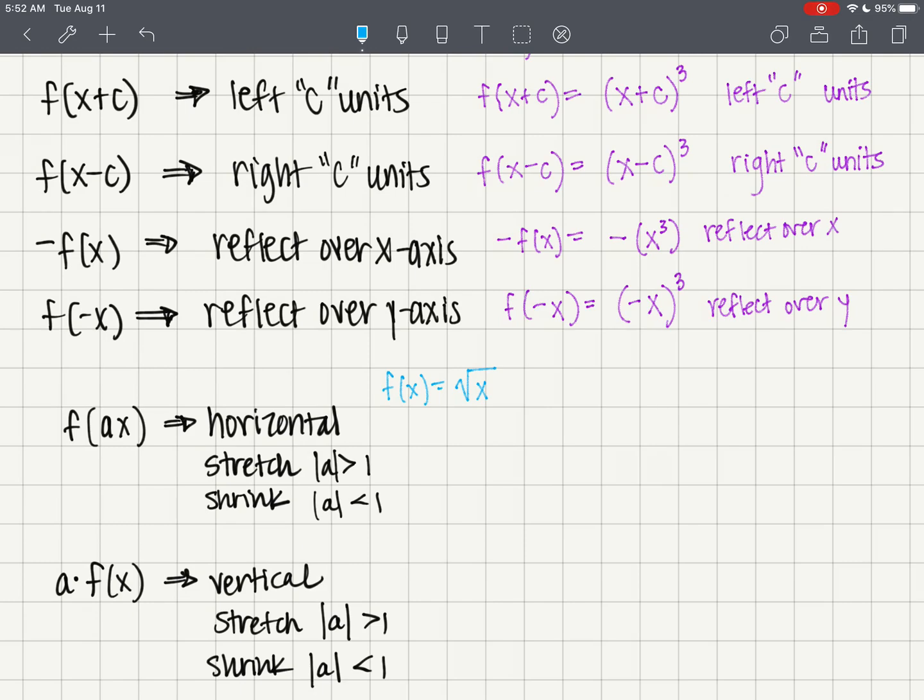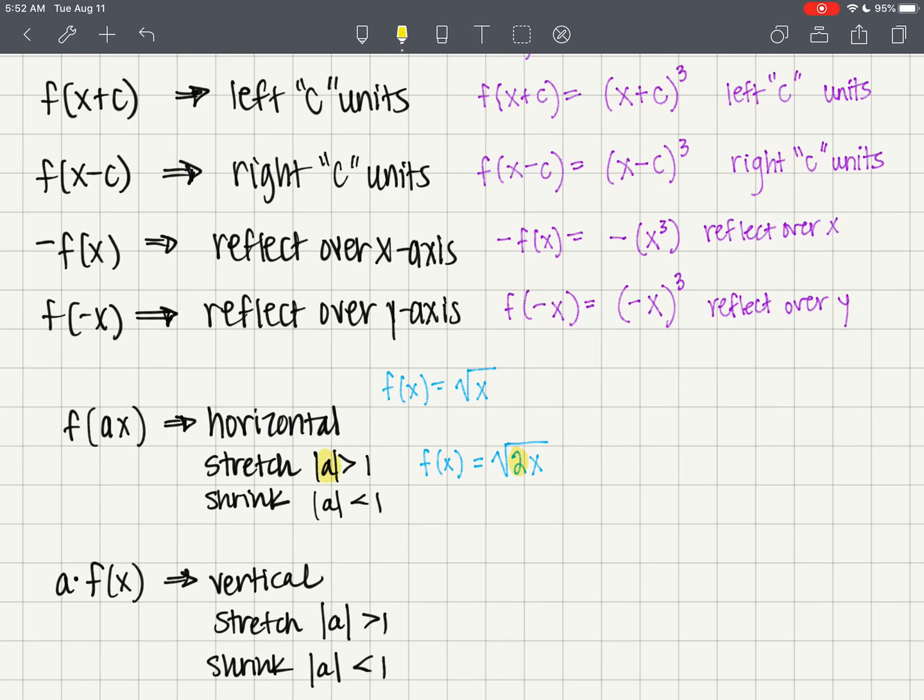So if I have a horizontal stretch or shrink happening, a stretch is when I'm going to have a value on the inside that is greater than 1. Now this value right here, this coefficient, we're just looking at the positive value.